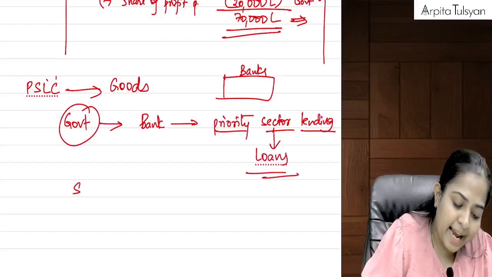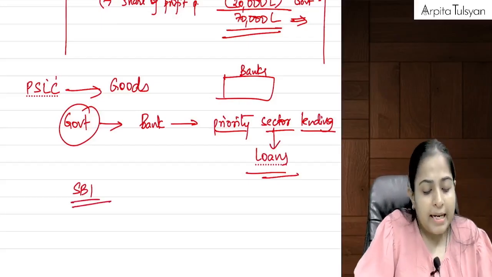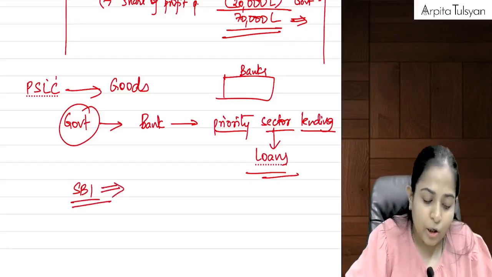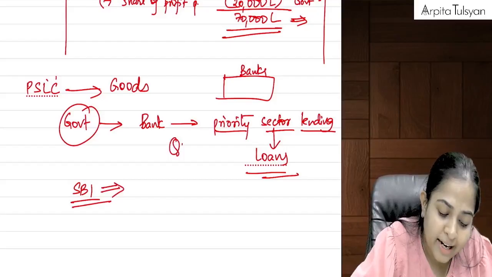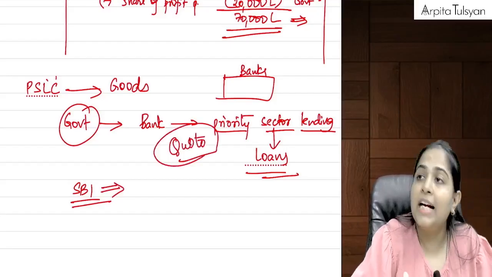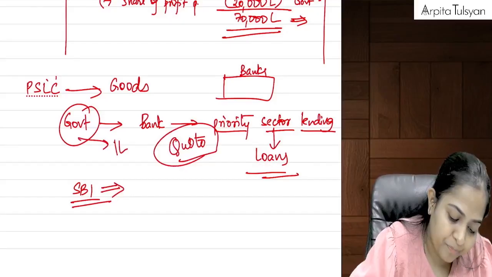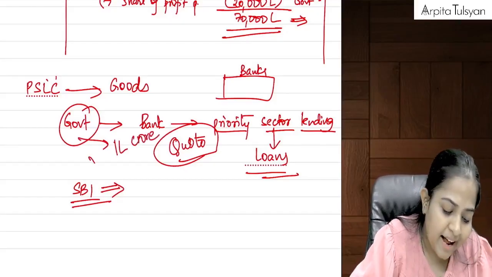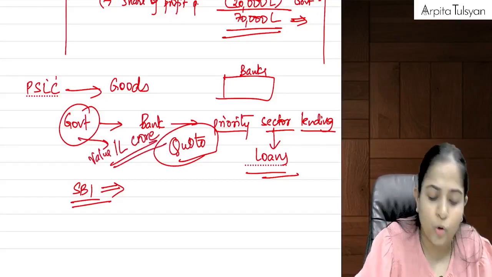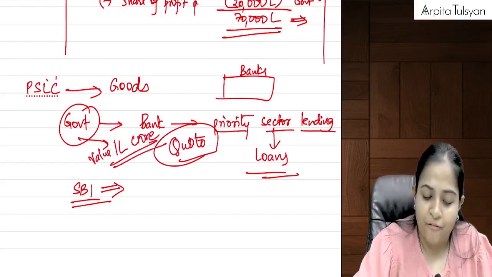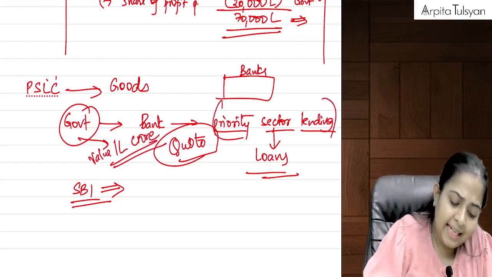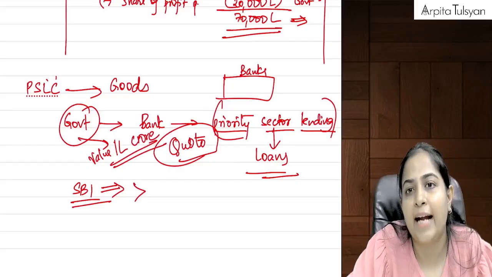Now let's say SBI is there. SBI has given loans more than the required quota. Let's say government has told that you should give 1 lakh crore value of loans for this priority sector, and let's say SBI has exceeded that quota.